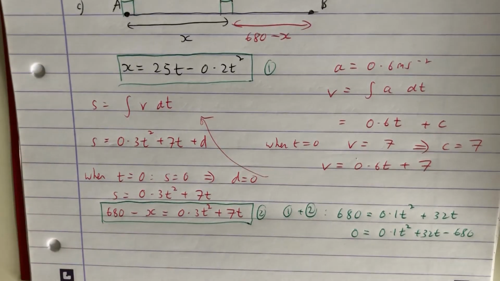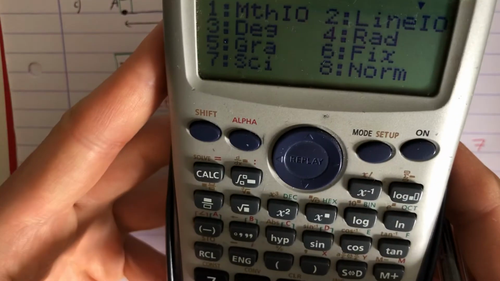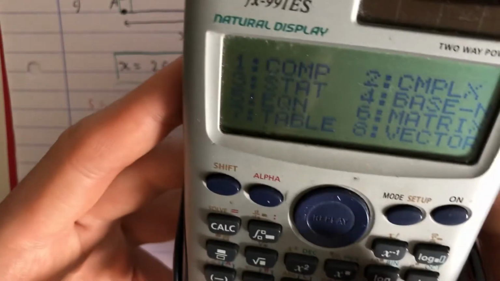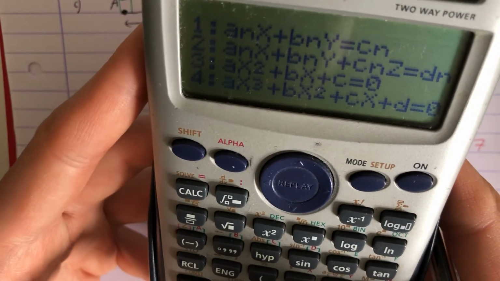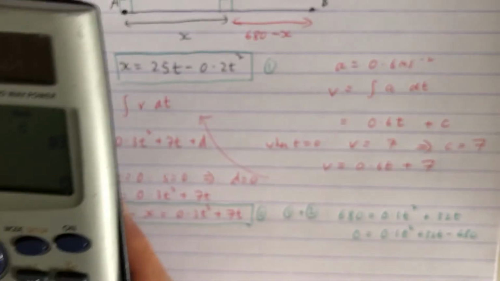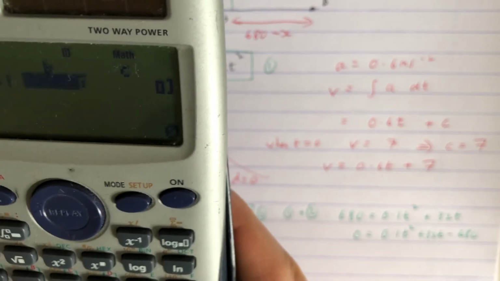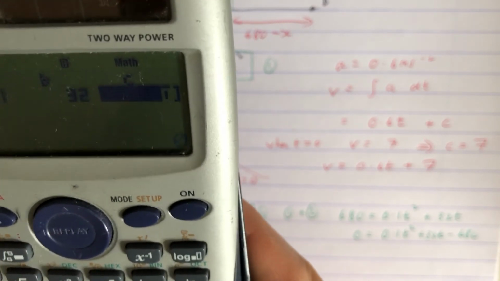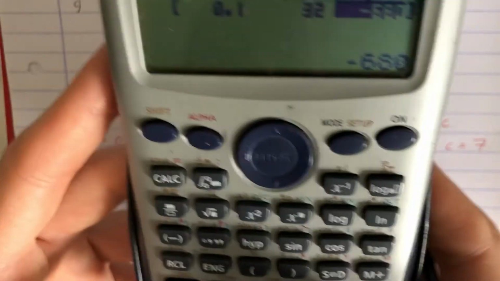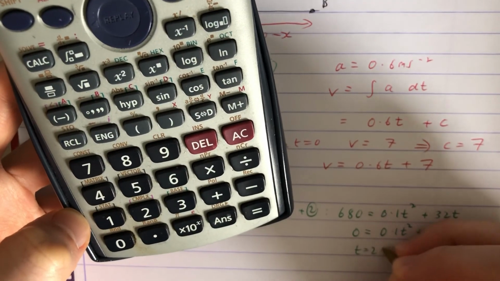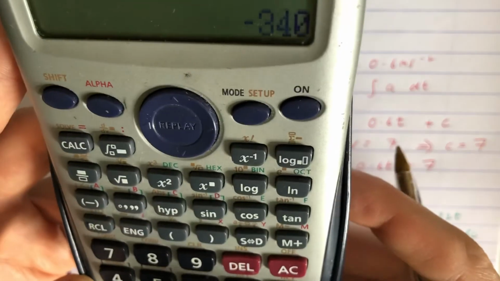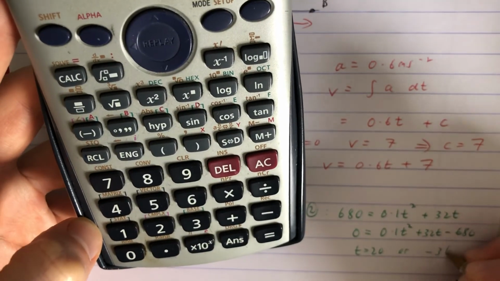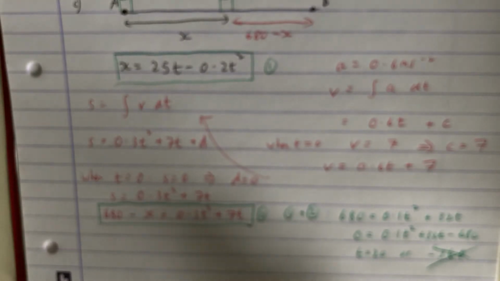And then I'm going to cheat and use my calculator, solve an equation thing on the calculator, find the quadratic, and we've got a quadratic 0.1, 32, negative 680, to give me two answers. t is 20 or negative 340, obviously it can't be that.